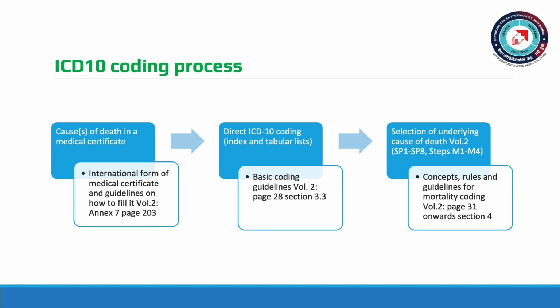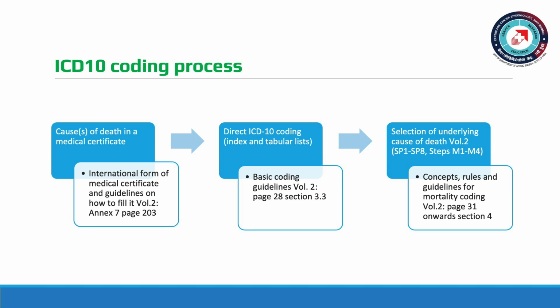The recorder refers to Volume 2 of the ICD-10 manual, focusing on page 28, Section 3.3, which outlines the basic coding guidelines. The coding process starts by entering the cause of death in an internationally WHO standardized form to record the sequence of events or conditions leading to death.